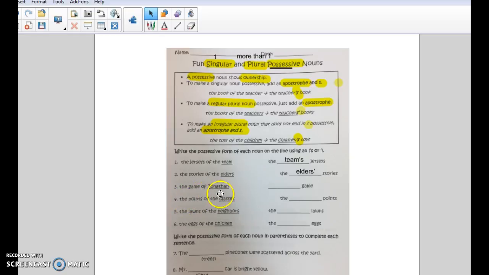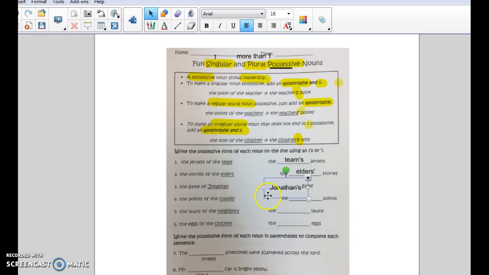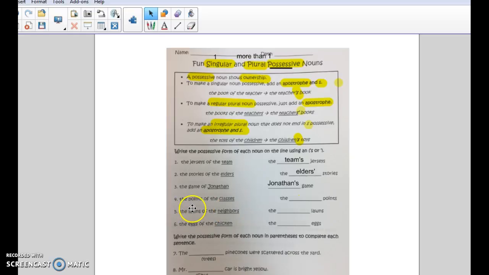The game of Jonathan. Well, are we talking about one Jonathan or more than one Jonathan? We're just talking about one, apostrophe S. Jonathan's game. It belongs to him. Apostrophe S. Still one Jonathan. The points of the classes. One class or more than one classes? It's more than one. Since it already ends in an S, we just put an apostrophe after it.